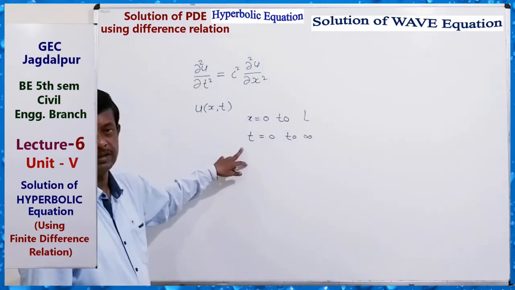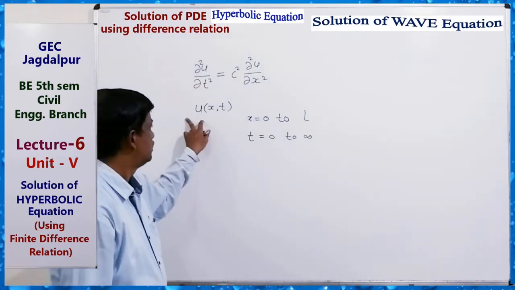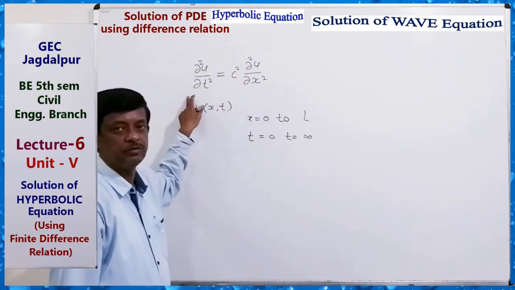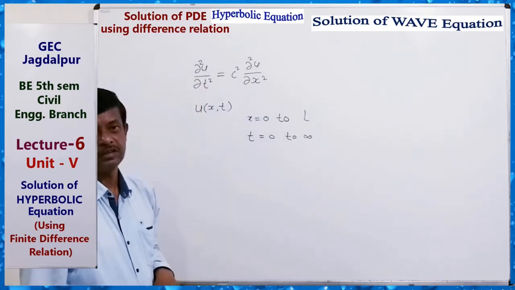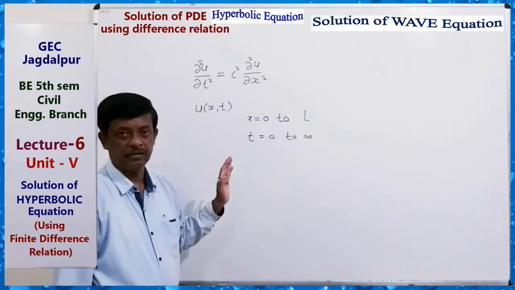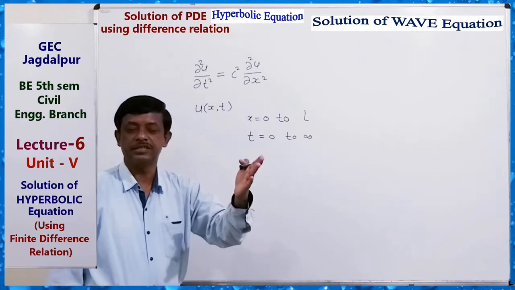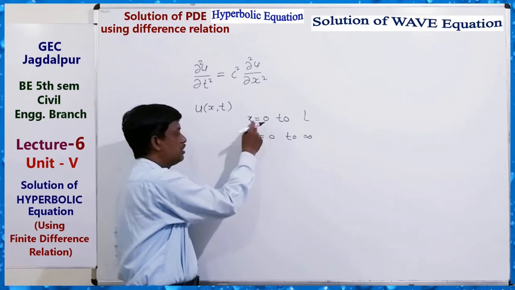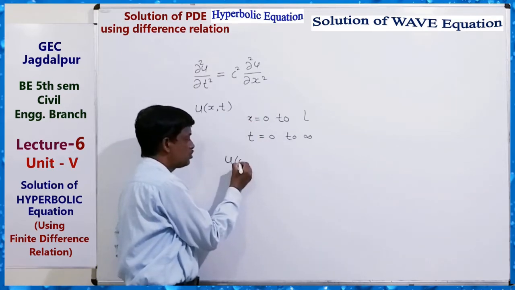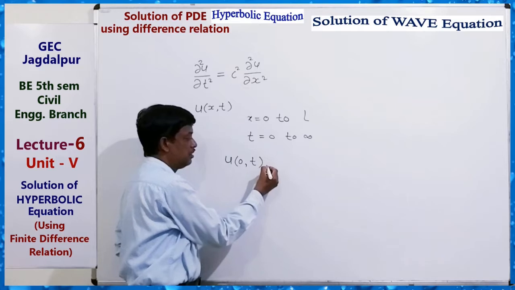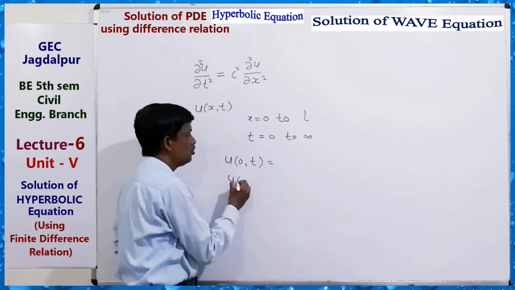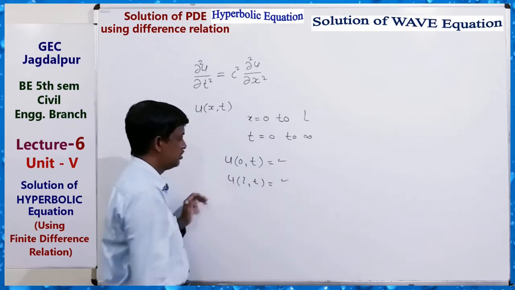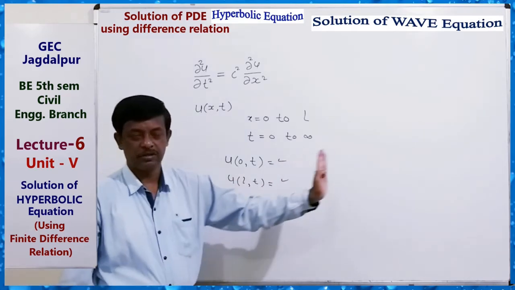Its solution is the value of the function u(x,t) which satisfies this equation for the given initial condition and boundary condition. The boundary conditions are given like this: u(0,t) equals something and u(L,t) equals something, for x from 0 to L.